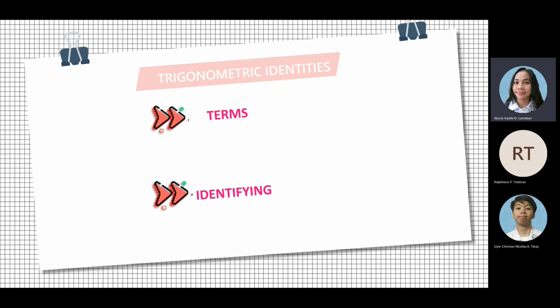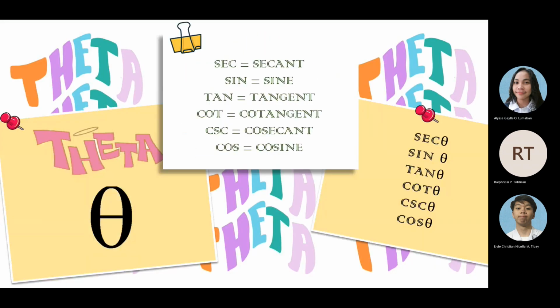Before we start breaking down the examples, we should first start off by knowing the terms and the trigonometric identities they fall under. Let's first understand the terms. This circle-like sign means theta, sec means secant, sin means sine, and tan means tangent. Cot is cotangent, csc is cosecant, and cos is cosine.